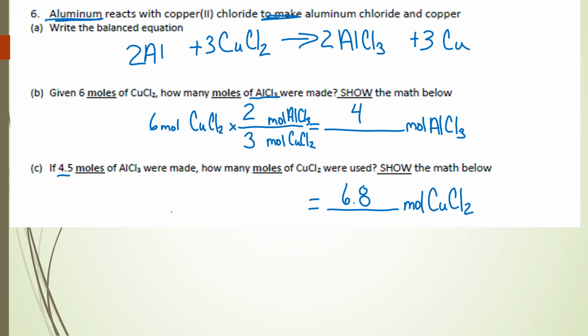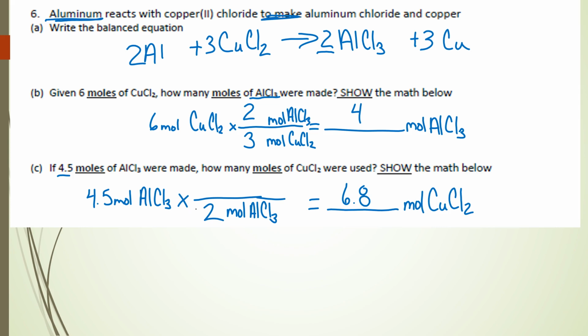Okay. All right, so I'm starting with my given 4.5 mole of aluminum chloride here. I'm trying to get rid of aluminum chloride. So in order to find this number, I'm going to look at my balanced equation.